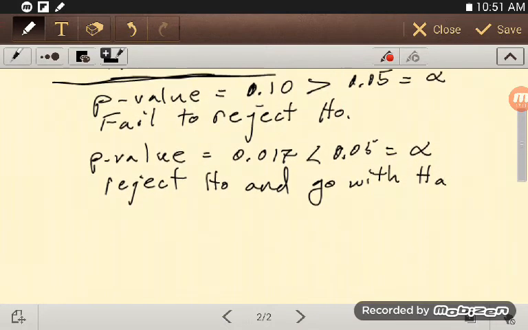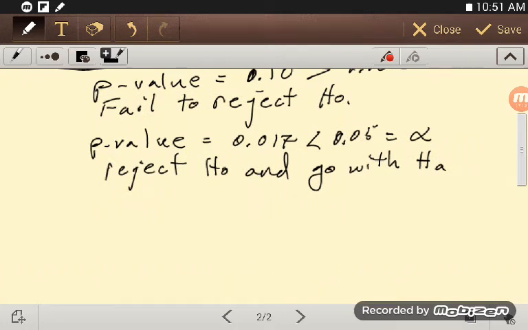And if we set our alpha at something different, say alpha at 0.001, 1 in 1,000, that would be really hard to do, to reject H0.